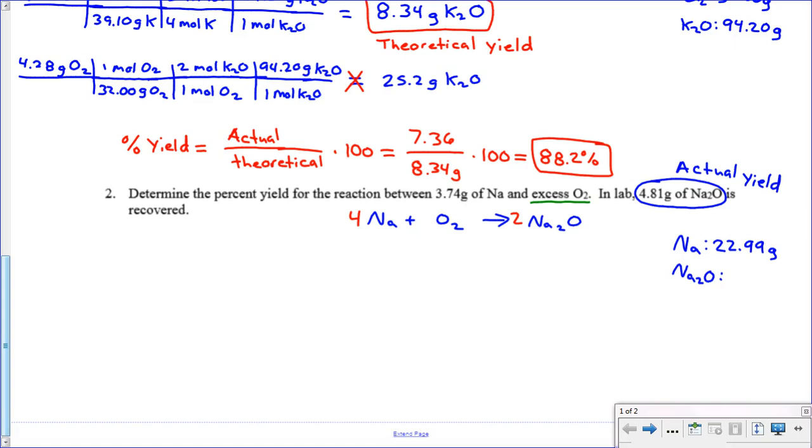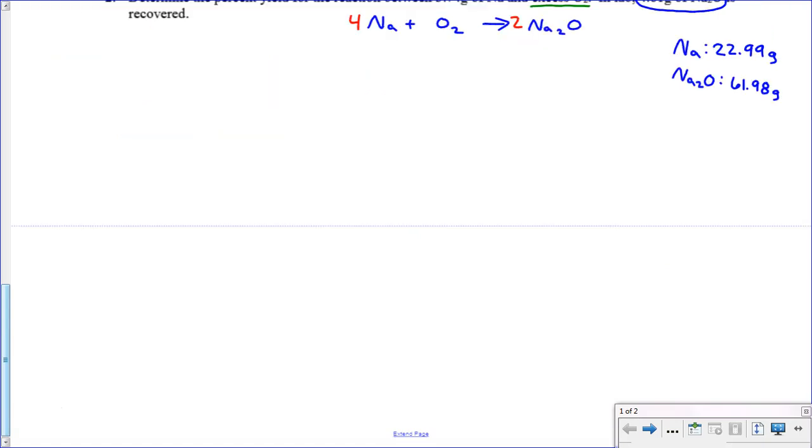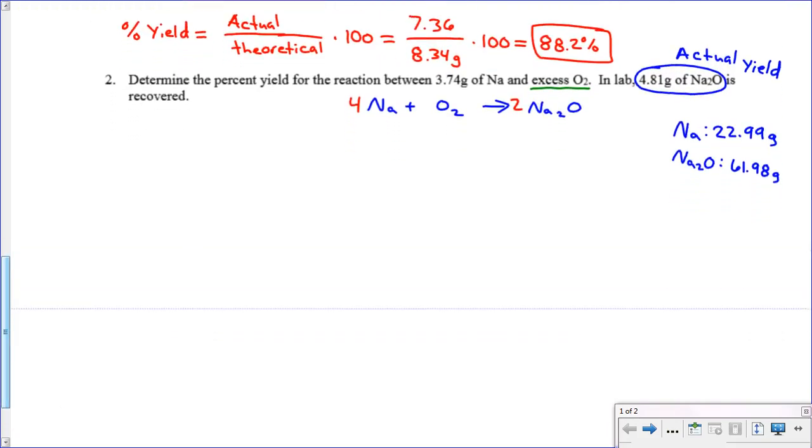And if you calculate that from the periodic table, you should get 61.98. So I'm going to go through here and do that conversion.